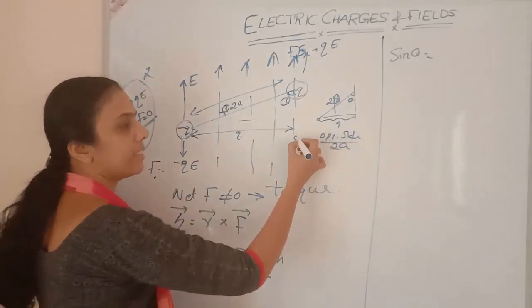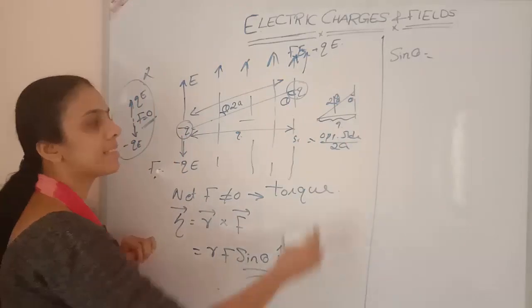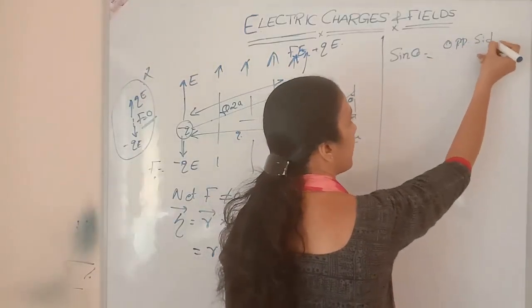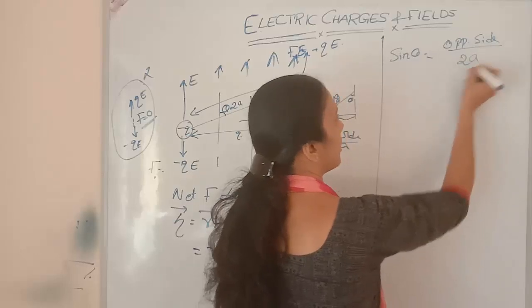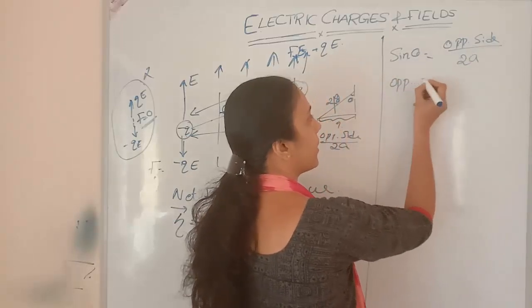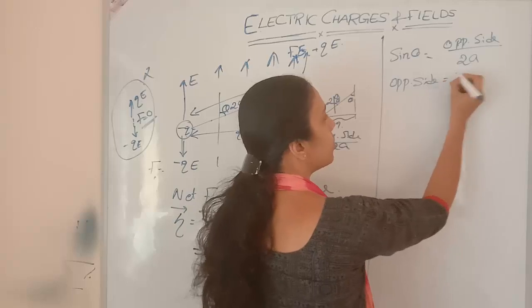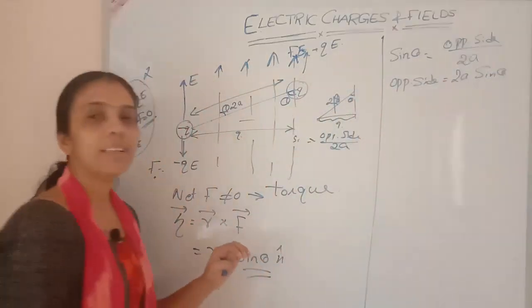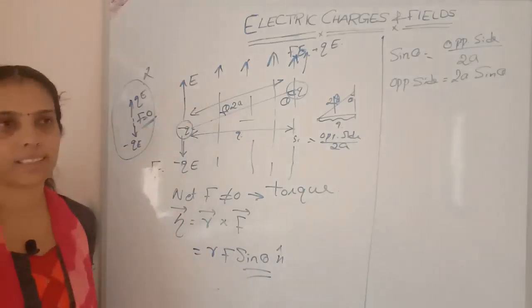So sine theta equals opposite side divided by 2a. Therefore, the opposite side equals 2a sine theta. Clear? So this is 2a sine theta.